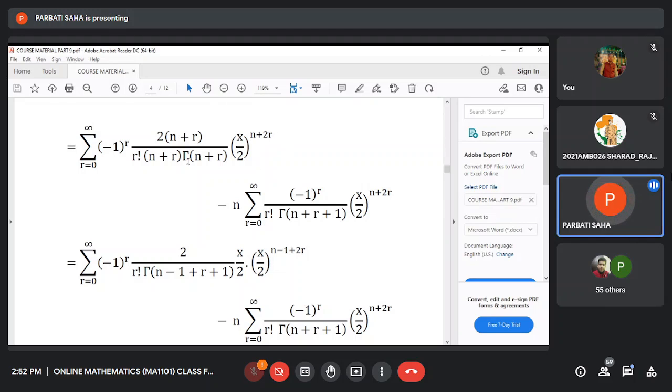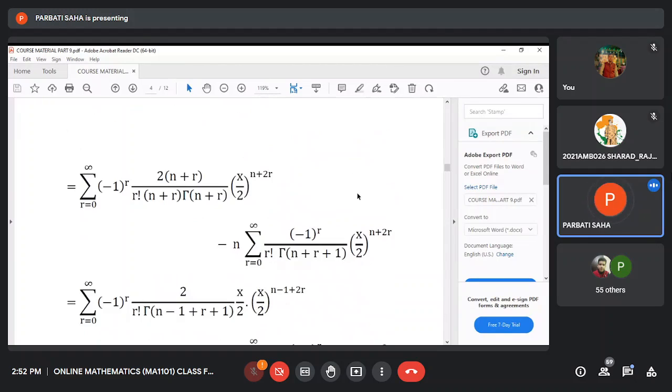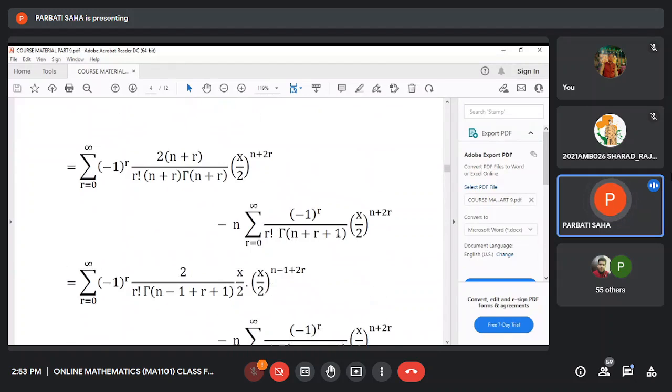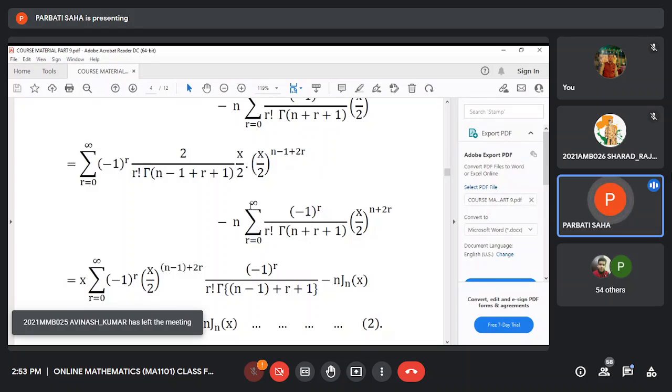Now here gamma(n+r) is written as gamma(n-1+r+1). The second term remains unchanged. Then this is (x/2)^(n-1+2r), and now the 2 will be cancelled, and x is taken outside the summation symbol, but other terms remain unchanged.